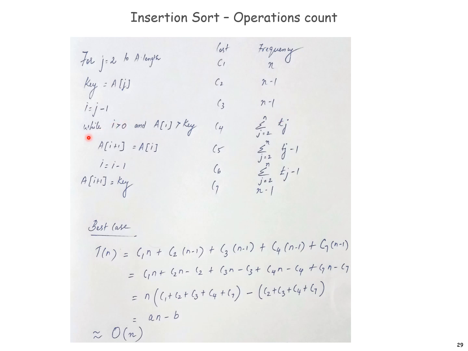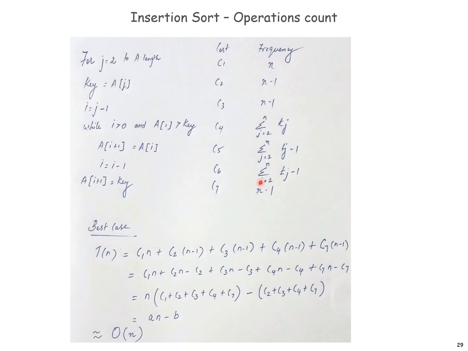We have a while loop within the for loop, so we have the summation of j equal to 2 to n of tj, which is the number of times the while loop runs. We have two statements within the while loop, so they run tj minus 1 time, with j varying from 2 to n. Again, the i is equal to i minus 1 statement runs tj minus 1 time, with j varying from 2 to n. Now this statement lies outside the while loop but within the for loop, so this runs n minus 1 time.